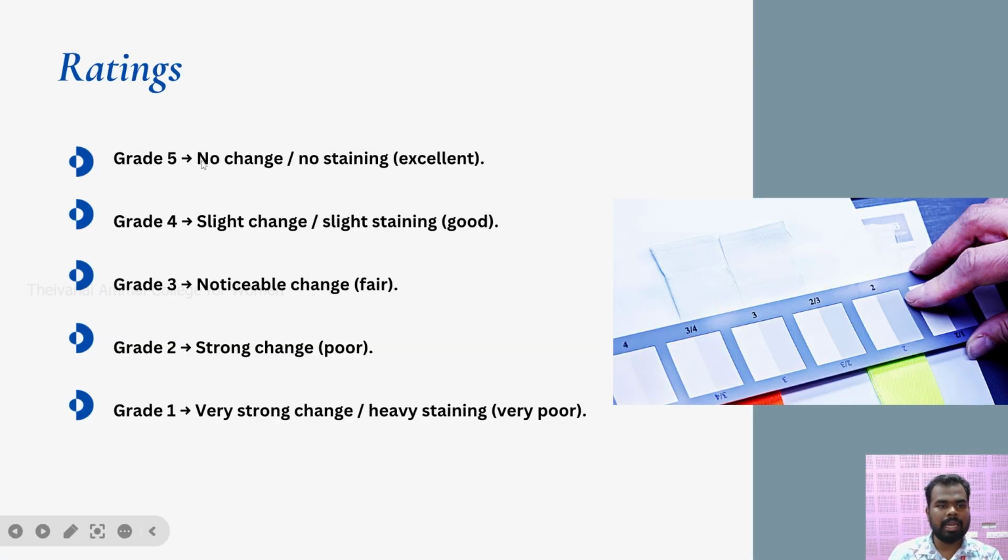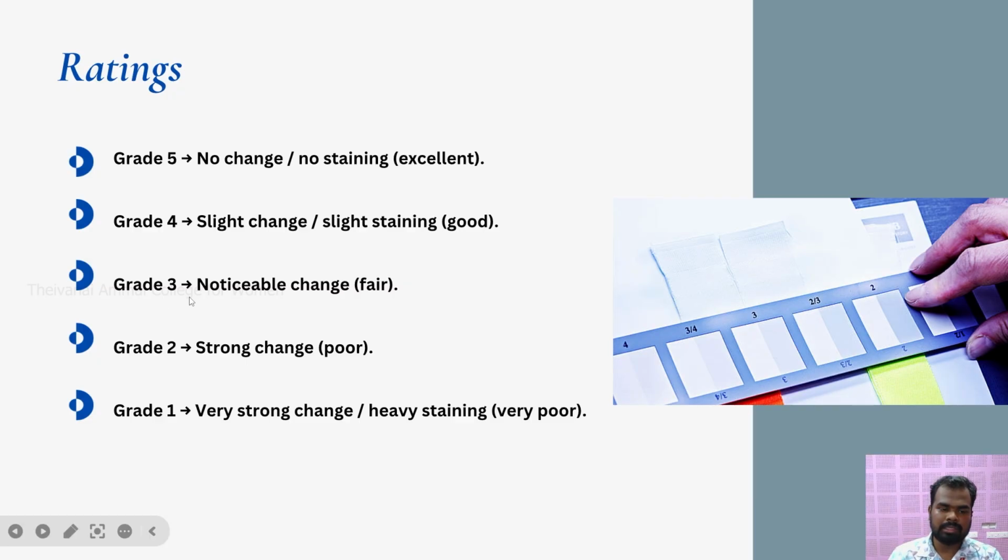So here is the grading for the grayscale. Grade 5 means there is no change or no stain in the color, no color change from the dyed sample to the multifiber. Grade 4 is a slight change or slight stain, a very minimal amount of dye transferred from the dyed sample to the multifiber.